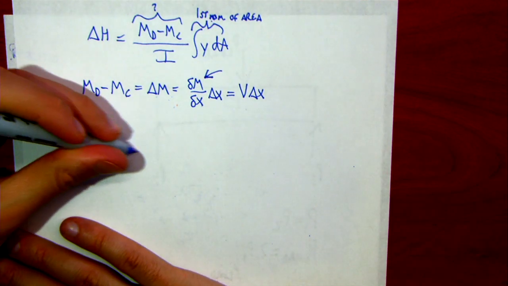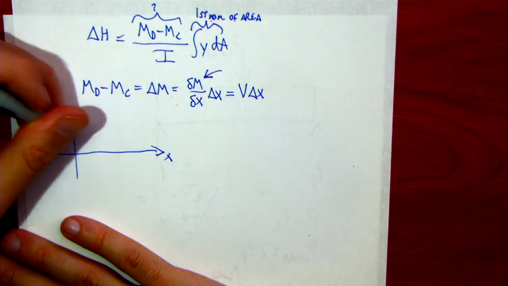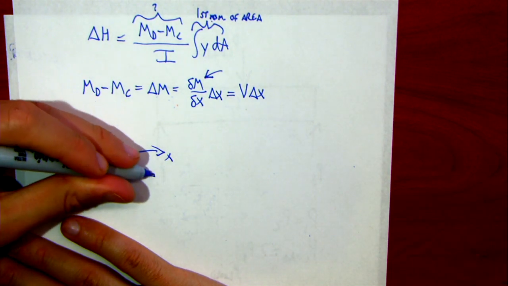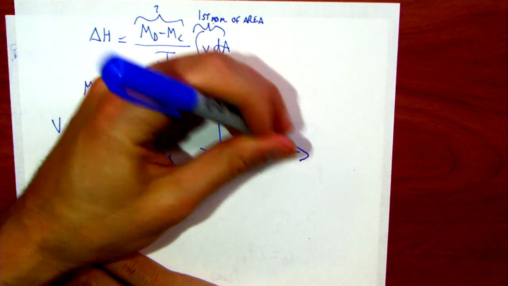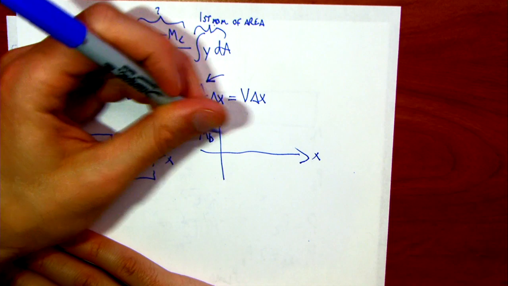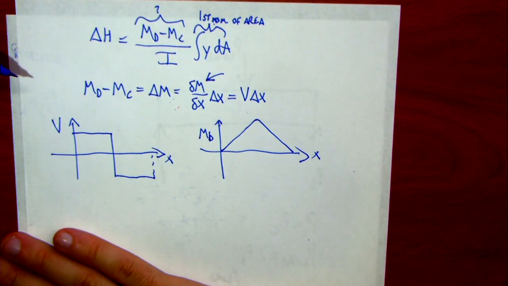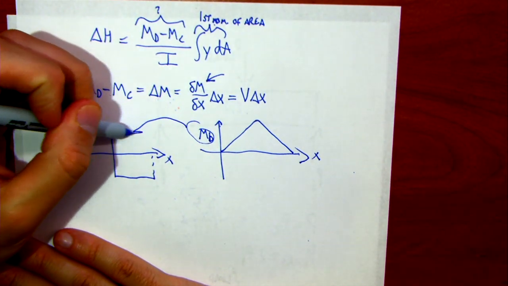This is called the shear diagram. If I draw it for three-point bending, it would be something like that, right? And then the bending moment for three-point bending is something like that. So the derivative of bending moment is shear force.